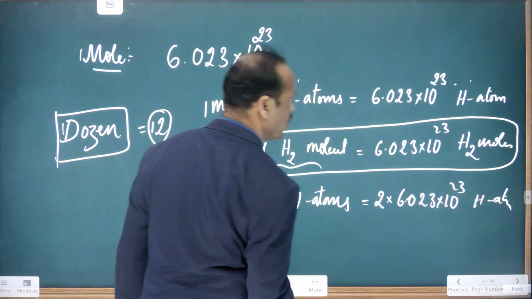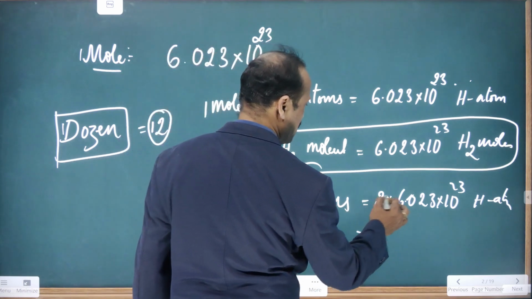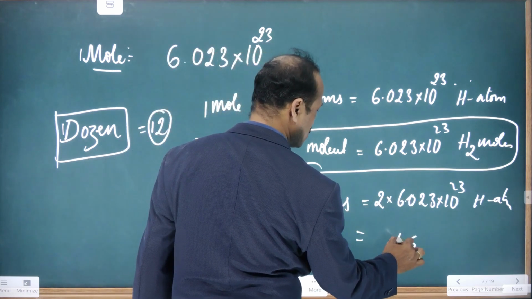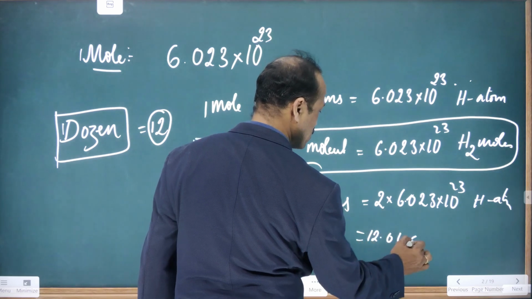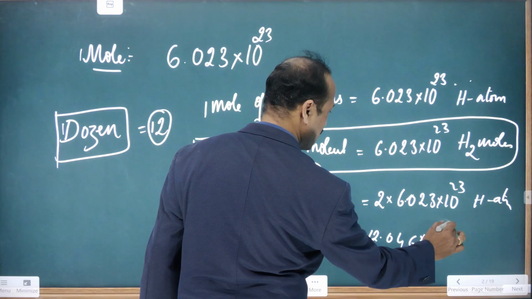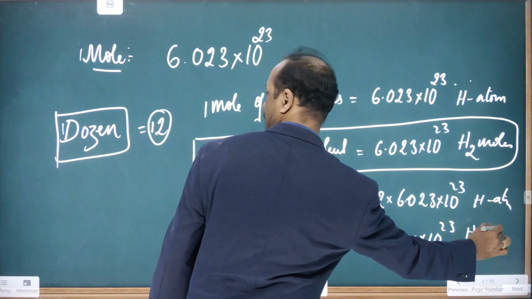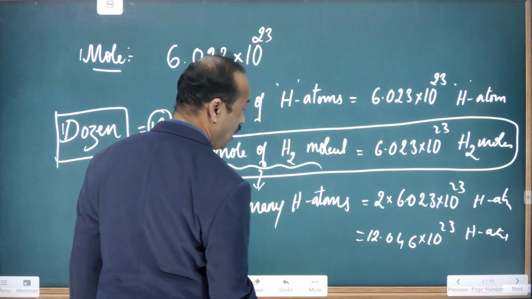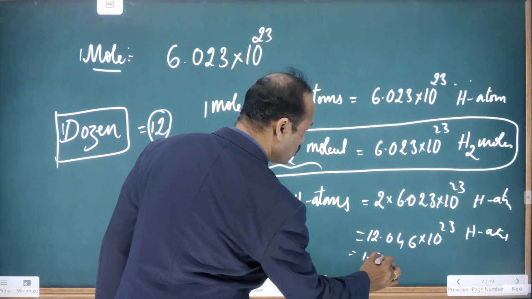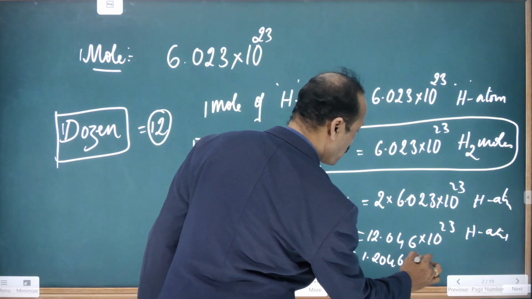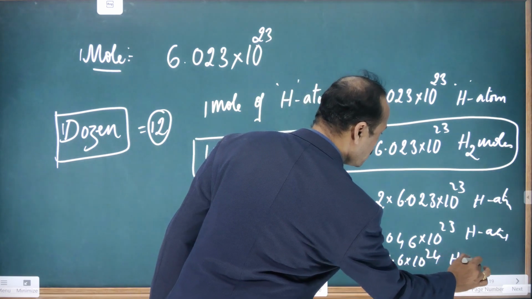Now multiplying, 2 3s are 6, 2 2s are 4, 2 0s are 0, 2 6s are 12. So 12.046 into 10 to the power of 23 hydrogen atoms. Or if you bring the point here, 1.2046 into 10 to the power of 24 hydrogen atoms.